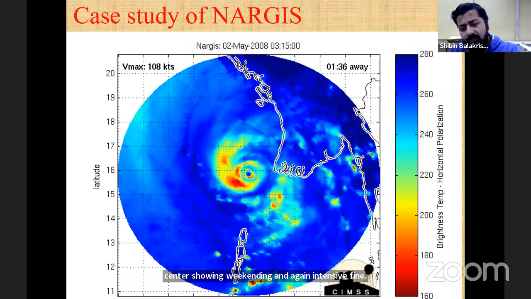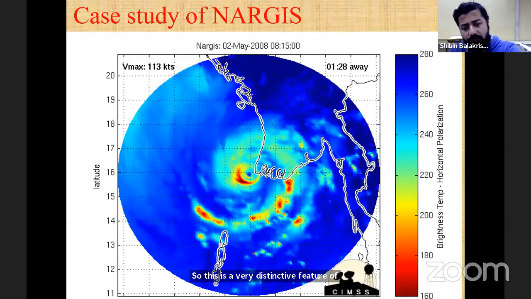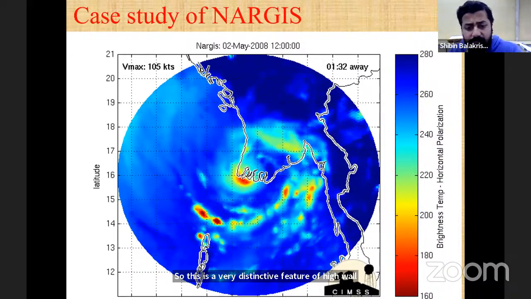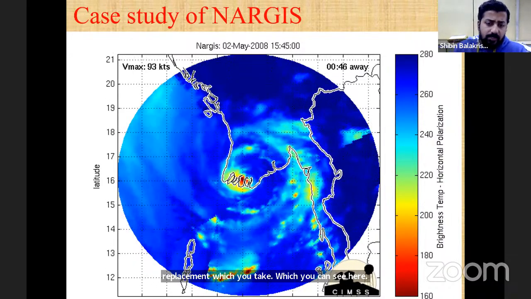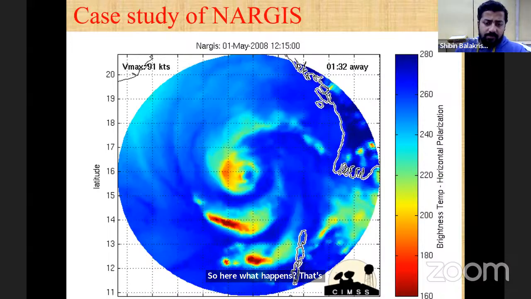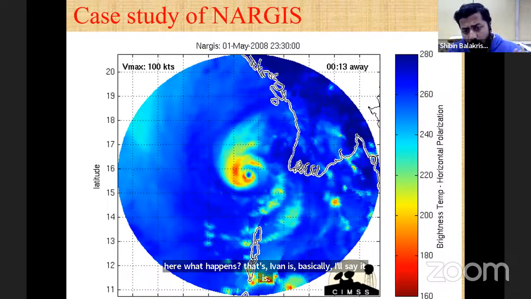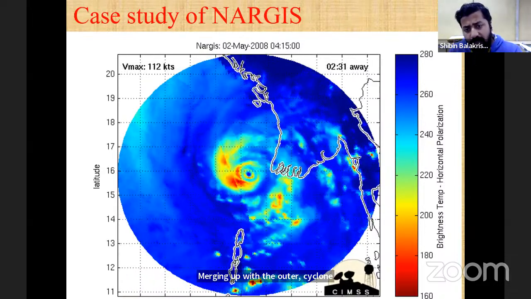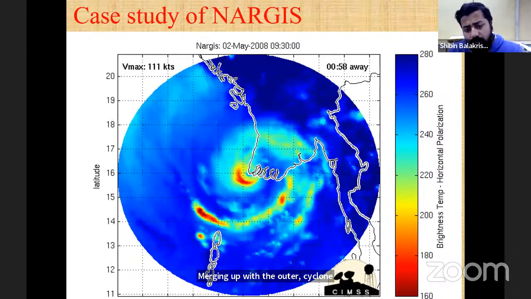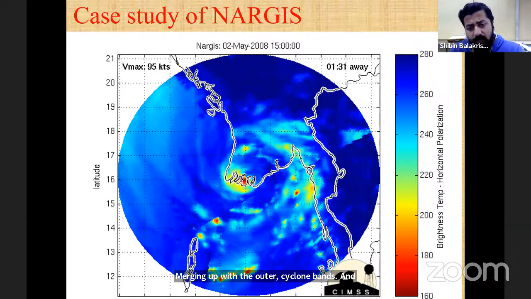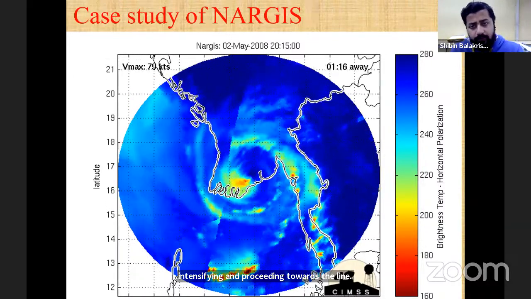This is a very distinctive feature of eye wall replacement. What happens here is that the eye wall is merging with the outer cyclone bands, intensifying and proceeding towards the land. This is what is referred to as eye wall replacement, right?